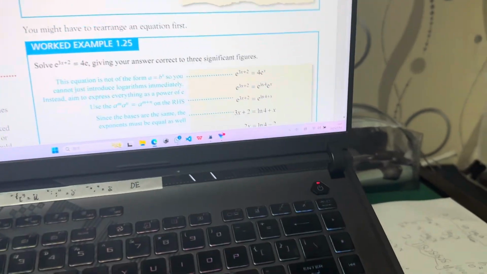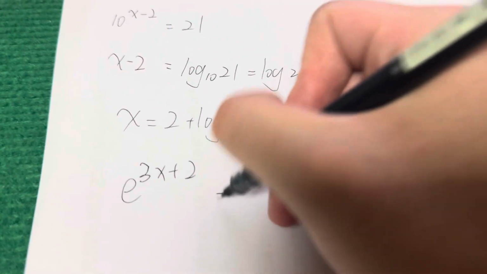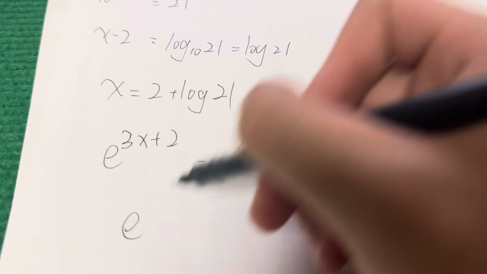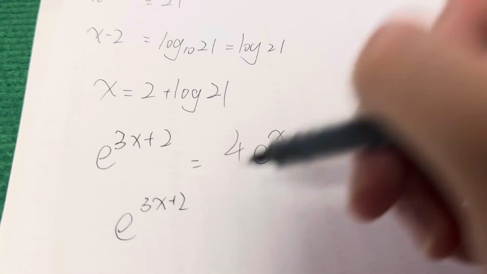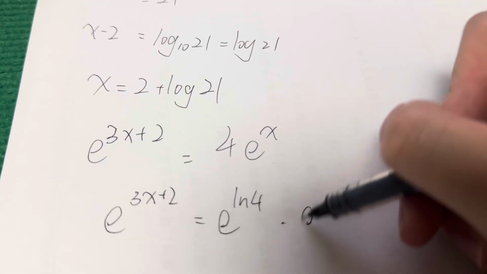So it means 4 is equal to e to the power of ln 4. So e to the power of 3x plus 2 is equal to 4 times e to the power of x, which is e to the power of ln 4 times e to the power of x.